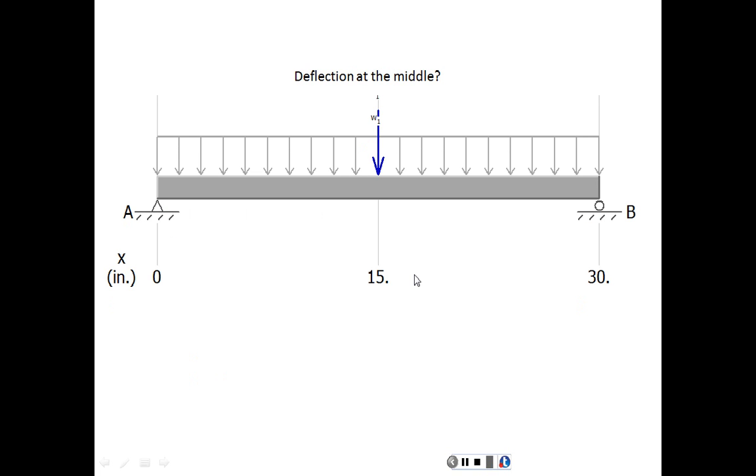So, next one. I'll see if you've got the answer in your head, and I'll call on you, and we'll see if you get bingo or not. Can you get the deflection in the middle using the tables? What do you got?